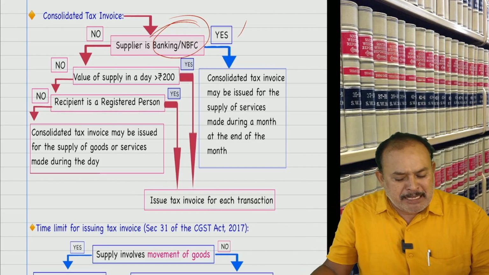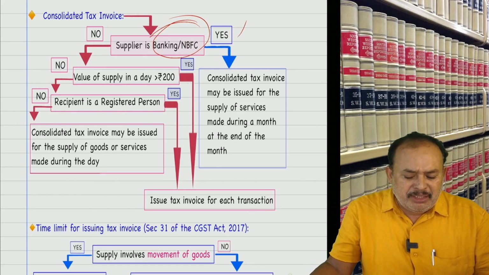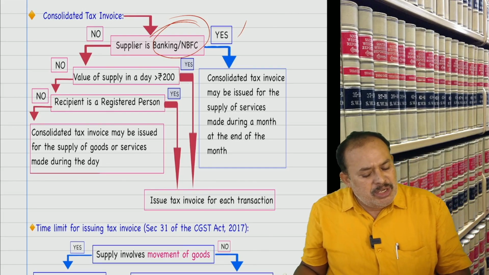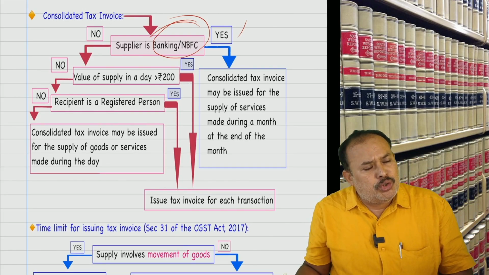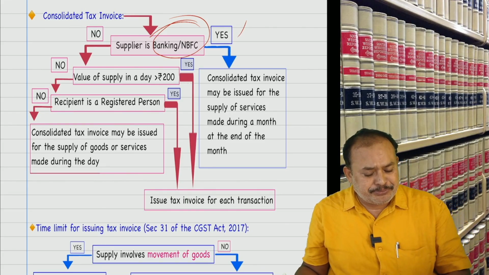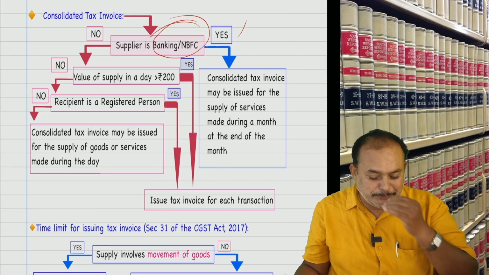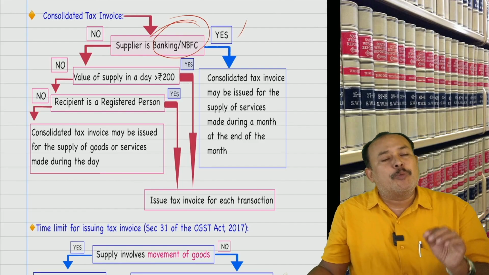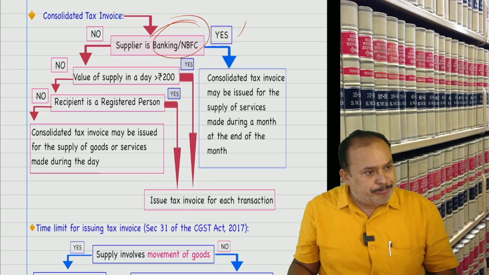Further, sir, I made a supply to a particular registered person, rupees 120 value of supply.